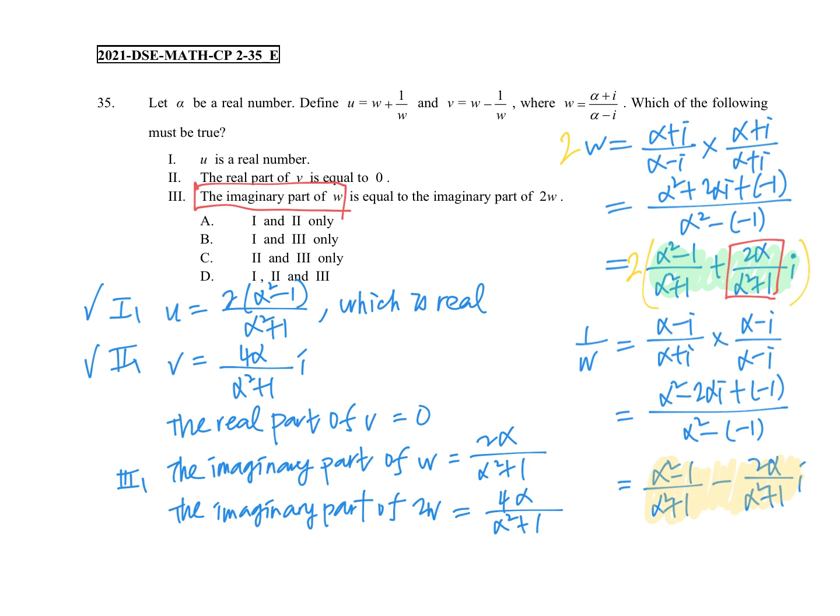You can see that in general, the imaginary part of W is not equal to the imaginary part of 2W. That's why statement 3 may not be true.